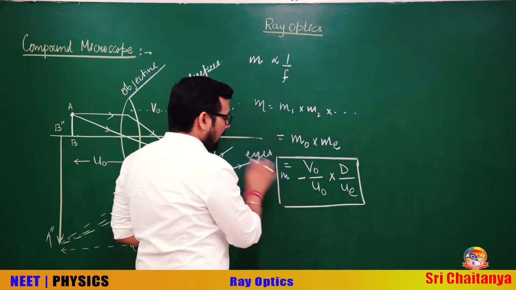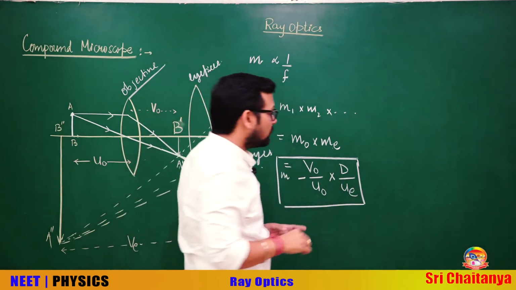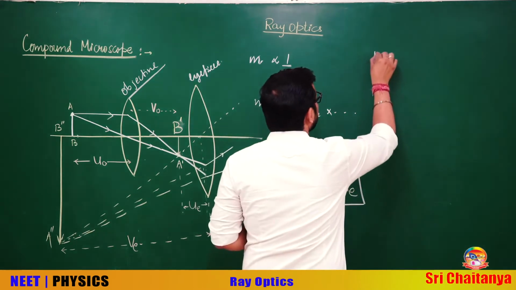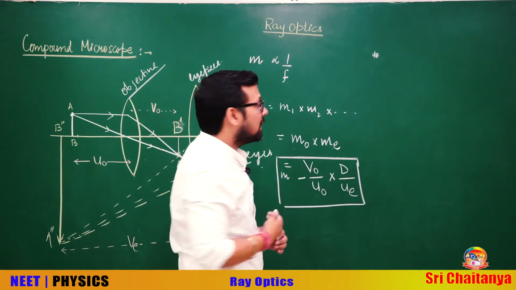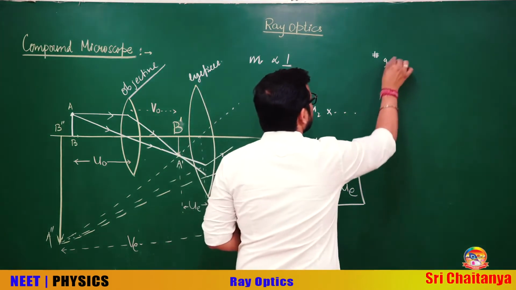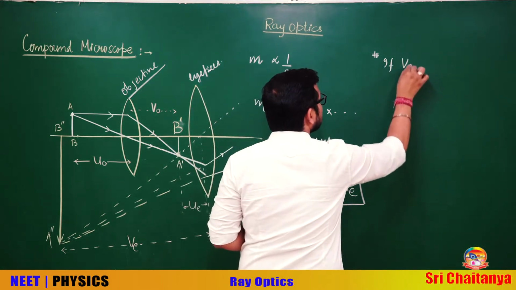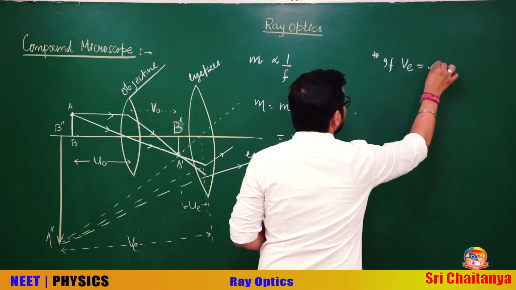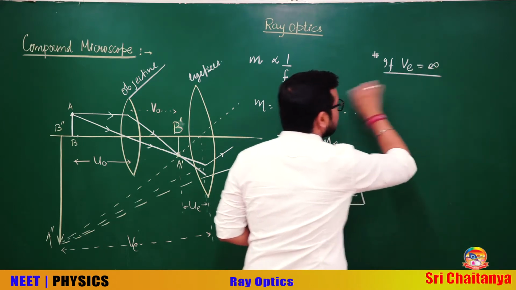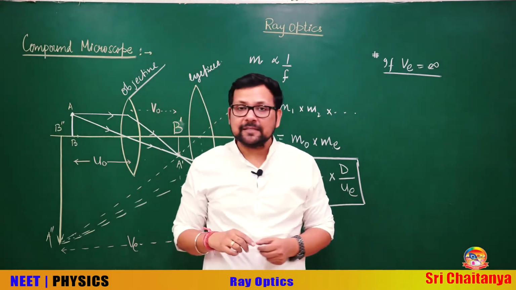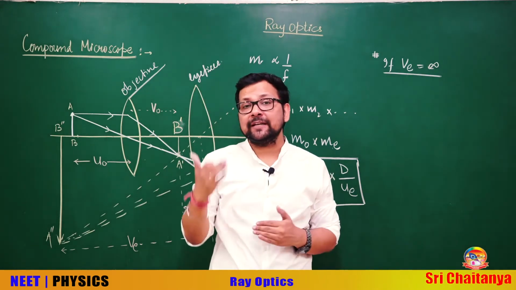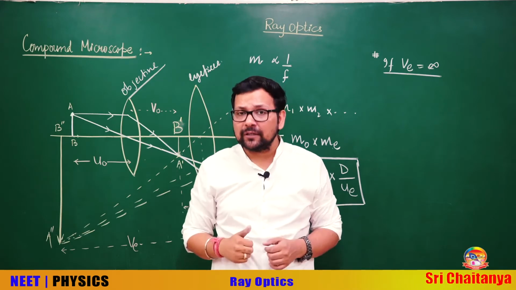But as there are two cases, if you remember, in the simple microscope we discussed two cases. First, if the final image is formed at infinity, and we have denoted the distance of the final image by VE, so VE is infinity, and obviously UE is the focal length.